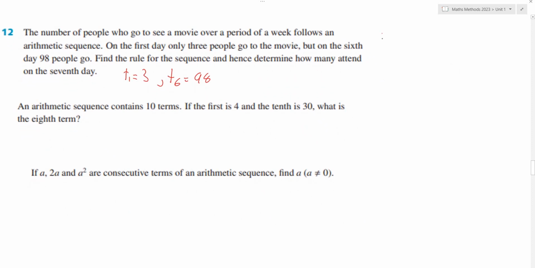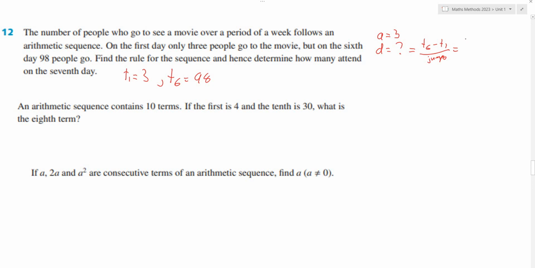I know what my A is. It's 3. I don't know what my common difference is, though, but I do have a way of finding it. From T1 to T6, I just find the distance between them, so T6 minus T1, and I divide it by the jumps.